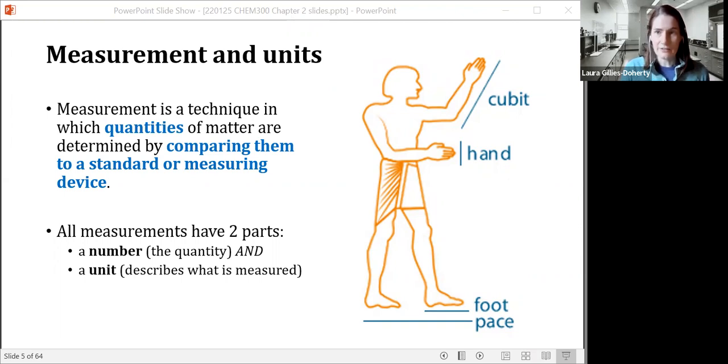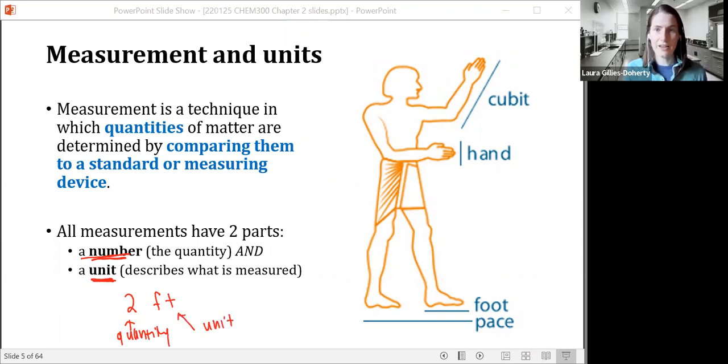Measurements are always going to have 2 parts. So make sure every time you're reporting a measurement, it includes both parts. It's going to have a number part. That's how much stuff there is, the quantity. And it's going to have a unit. That's what describes what's being measured. So for example, 2 feet. This is the quantity. And then feet is the unit.